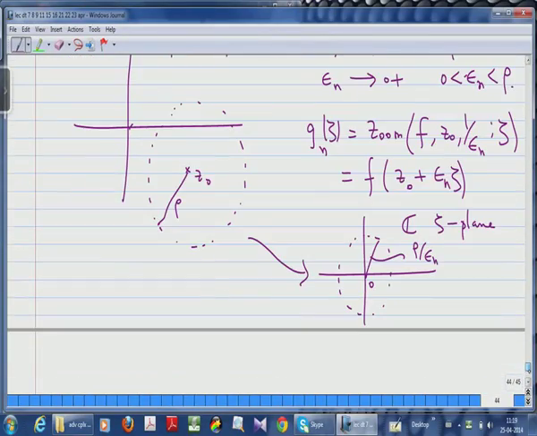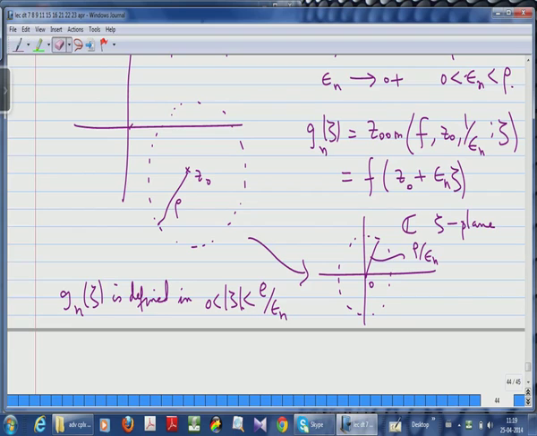So let's write that down. Gn of zeta is defined in 0 less than mod zeta less than rho by epsilon n.